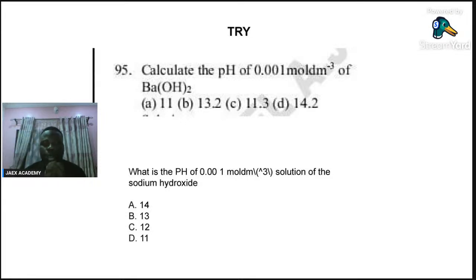Then a weak acid dissociates or loses its hydrogen ion partially in a solution. Then for a base, it is the same thing. It dissociates completely in a solution, and the ion dissociating is hydroxide ion.